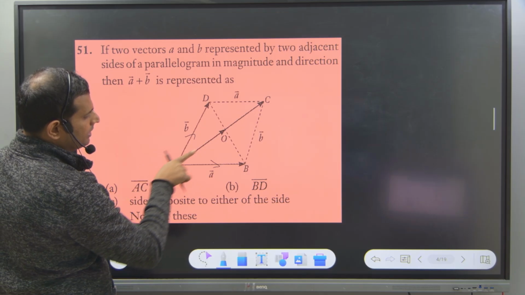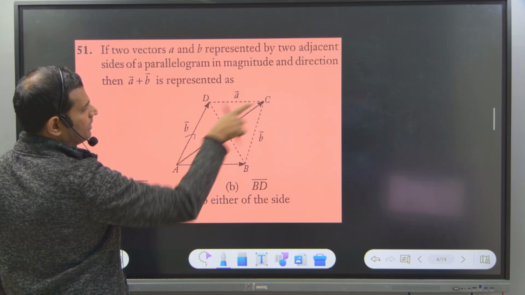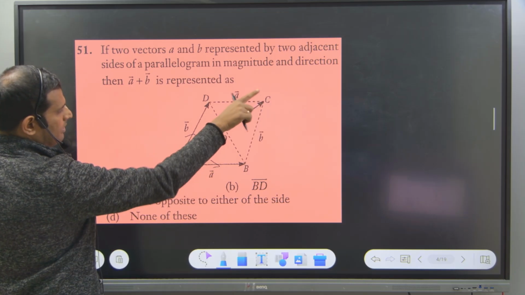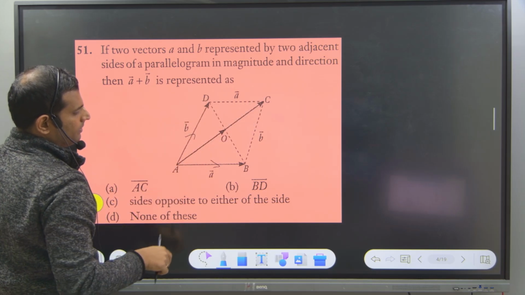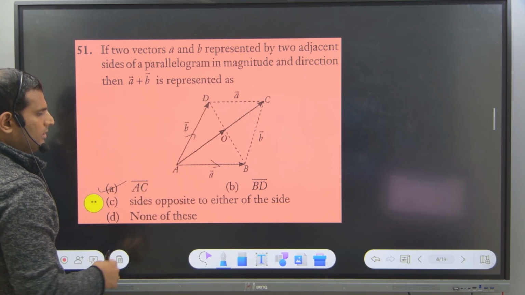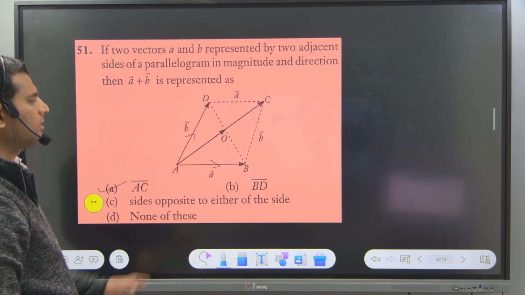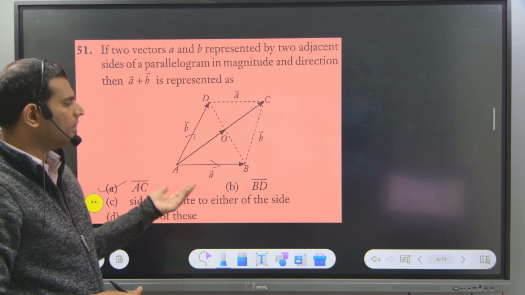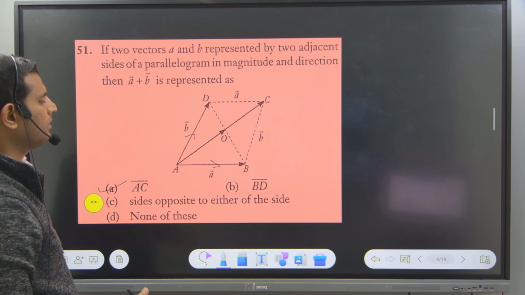Which is the answer then? What is this line? Option A, right? AC. Yes or no, students? Is it not directly from parallelogram law of vector addition? Yes?